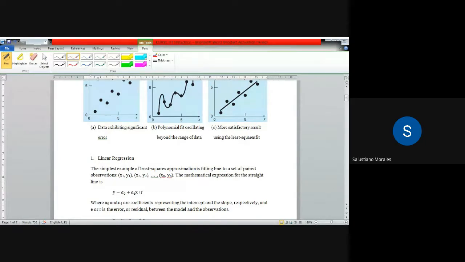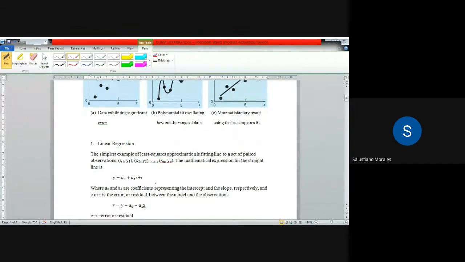So we have x1, y1, x2, y2, x3, y3, up to the last data point, which is x sub n, y sub n. The mathematical expression for the straight line is y equals a0 plus a1x plus r. Our a0 and a1 are usually the coefficients representing the intercept and the slope.